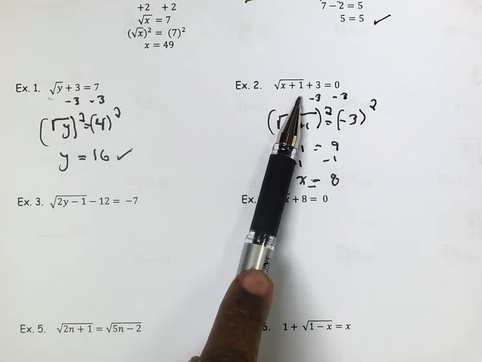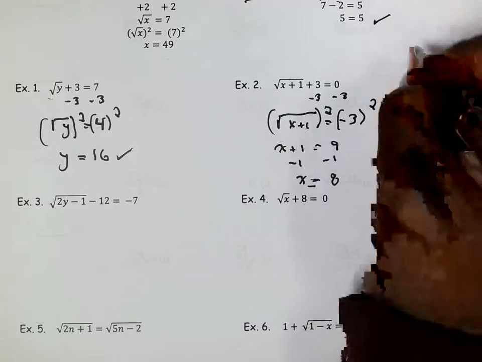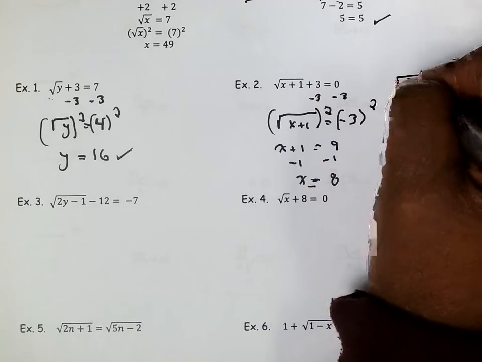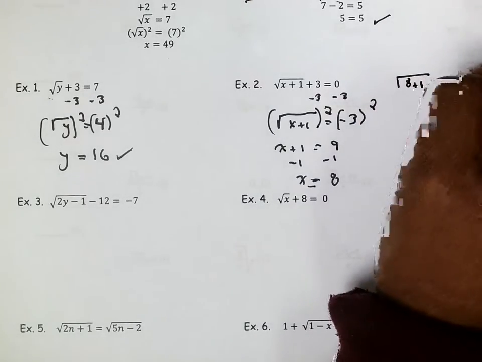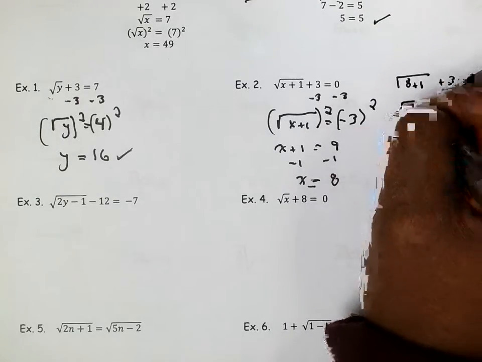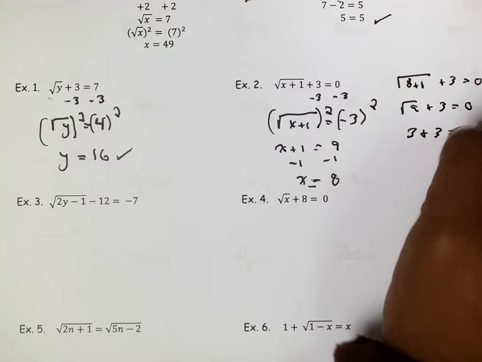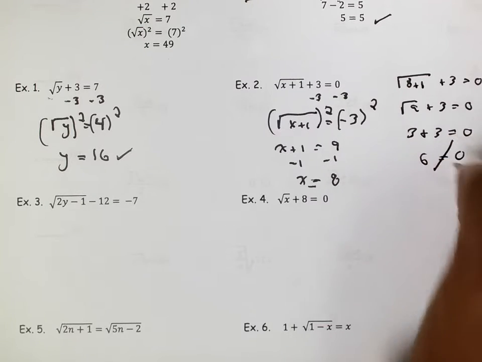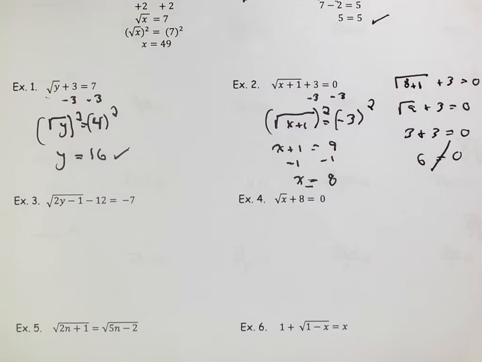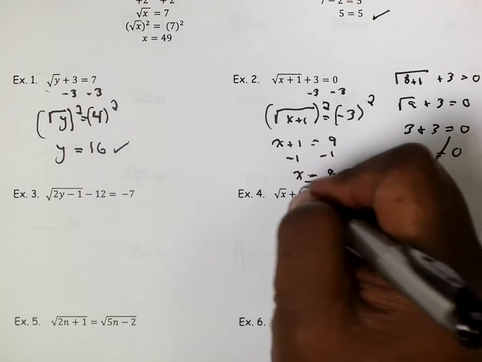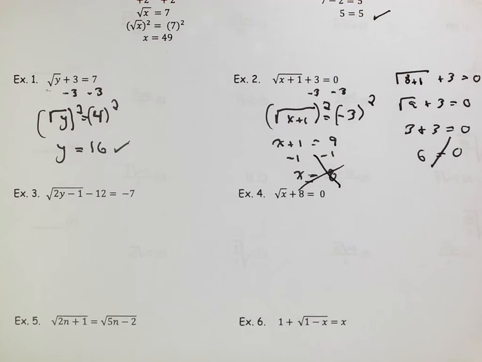Square root of 9 is 3. Let me write this out. So 3 plus 3 equals 0, or 6 is equal to 0. Well, 6 does not equal 0, so therefore there's no solution to this. It doesn't work.